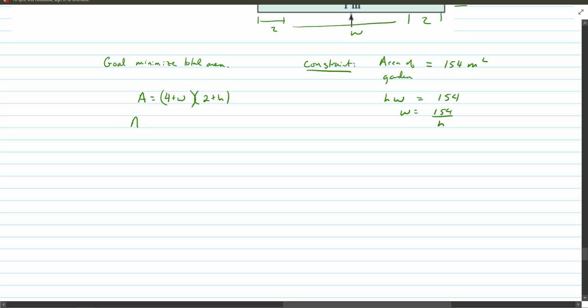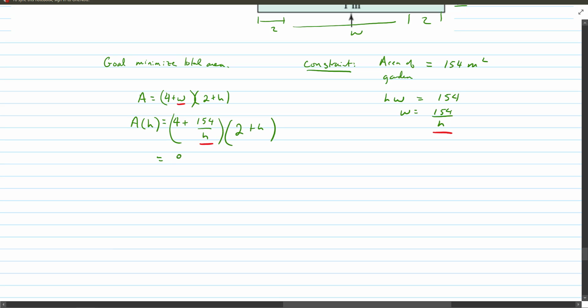So now if I plug all of this into my area function, the function I want to optimize, we get the area as a function of h is equal to 4 plus 154 over h, so I replace the w here with the expression for w, times the 2 plus h factor, and then we'll FOIL this out.